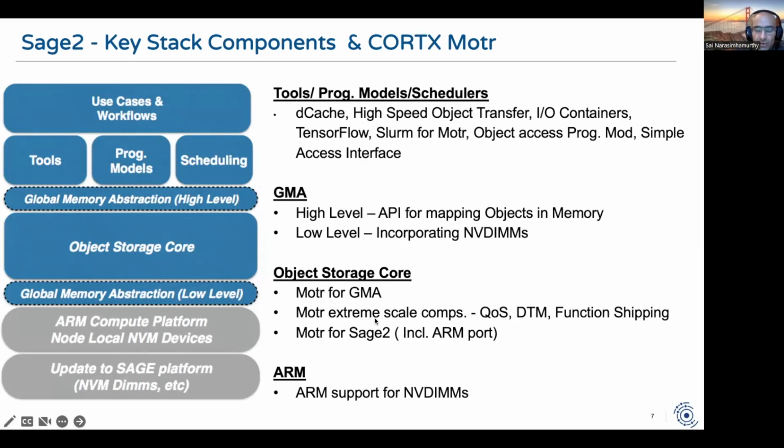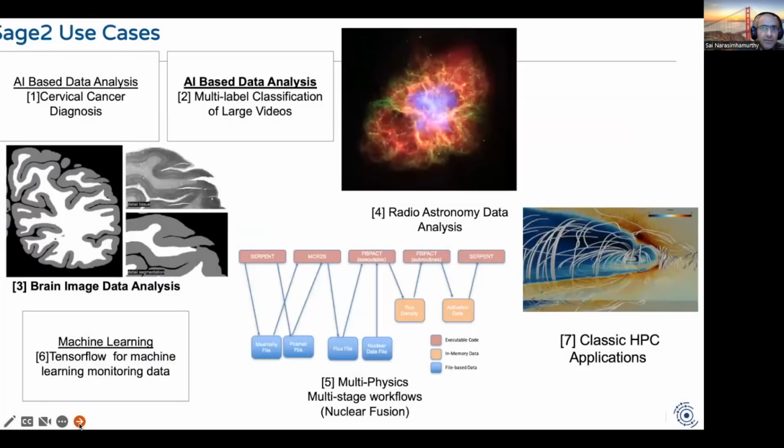So we worked on these kinds of paradigms, and at the very top, we had tools such as TensorFlow from the AI community integrate with the CORTX Motr API. So we explored some of that for the first time. So these are the kinds of use cases in Sage 2 that we used.